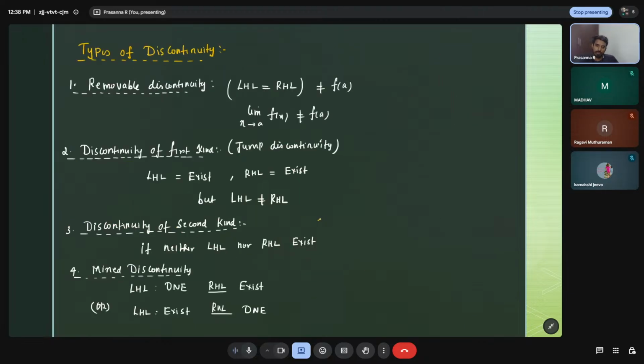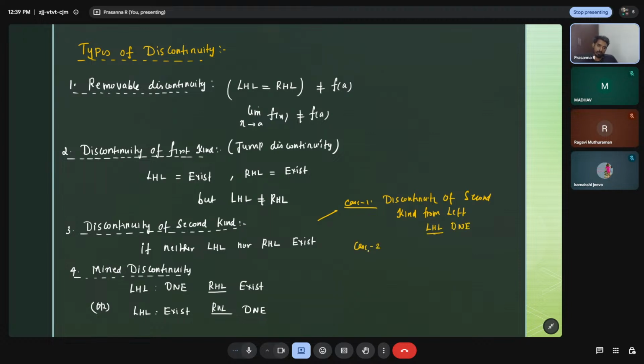You just take this as two cases. Case one, discontinuity of second kind from the left: for exam point of view, you just avoid this fourth and only finish the first three. That means your LHL does not exist, but RHL exists.